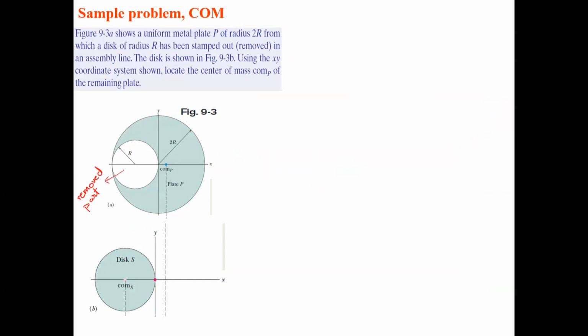So if the disk was still all intact, one thing I know is that its center of mass is simply over here at the origin, right? If no parts were removed, X COM and Y COM would be equal to 0 for the disk.